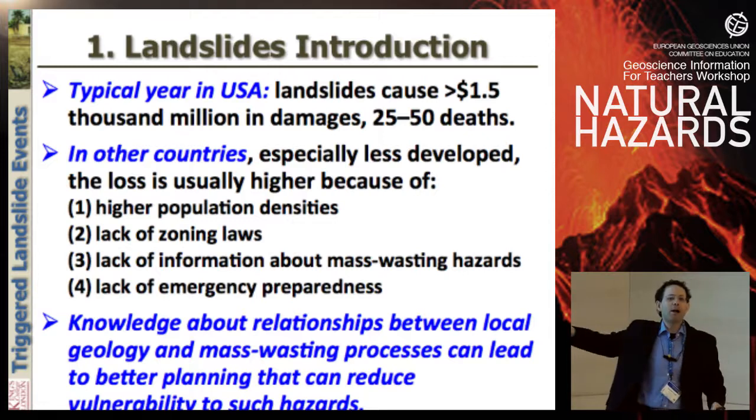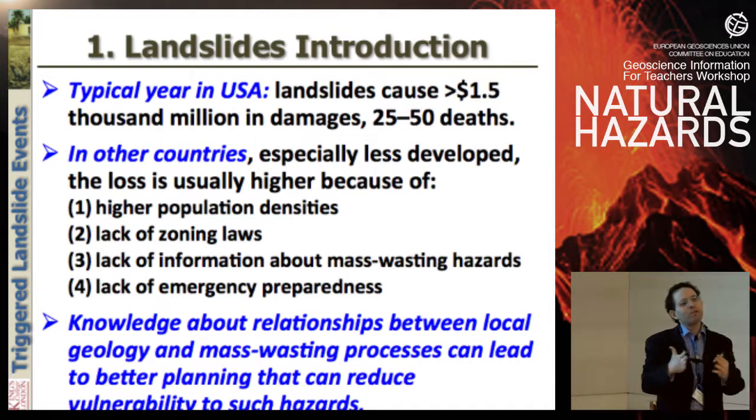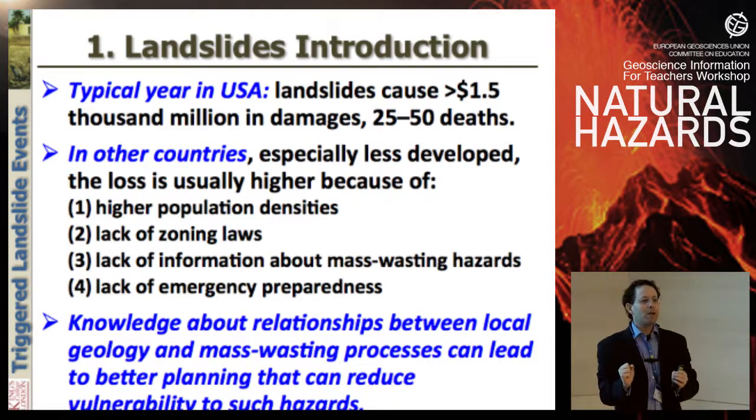So the knowledge about these relationships and the local geology can lead to better planning. One of the things you should take away from today is that many of the major disasters that we have had with mass wastings could have been foreseen.